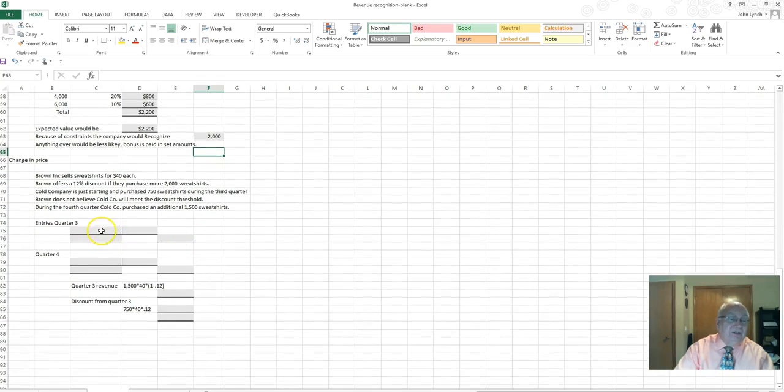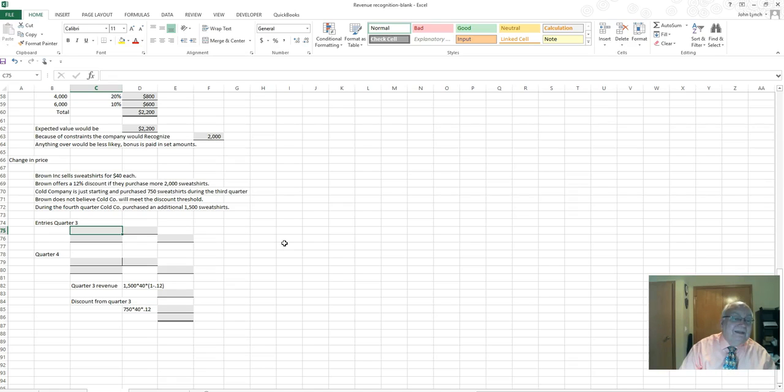Now, change in price. This is based on the volume of sales discounts, is what this example is based off of. Brown Incorporated sells sweatshirts for $40 each. We have a policy, you get a 12% discount if you purchase more than 2,000 sweatshirts over the year. Cold Company is just starting and purchased 750 sweatshirts during the third quarter.